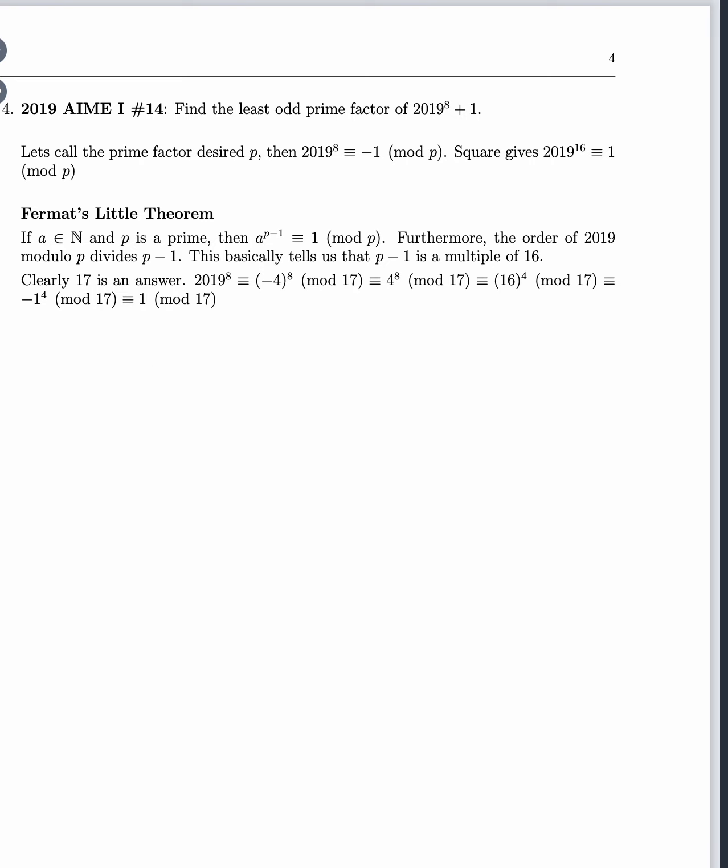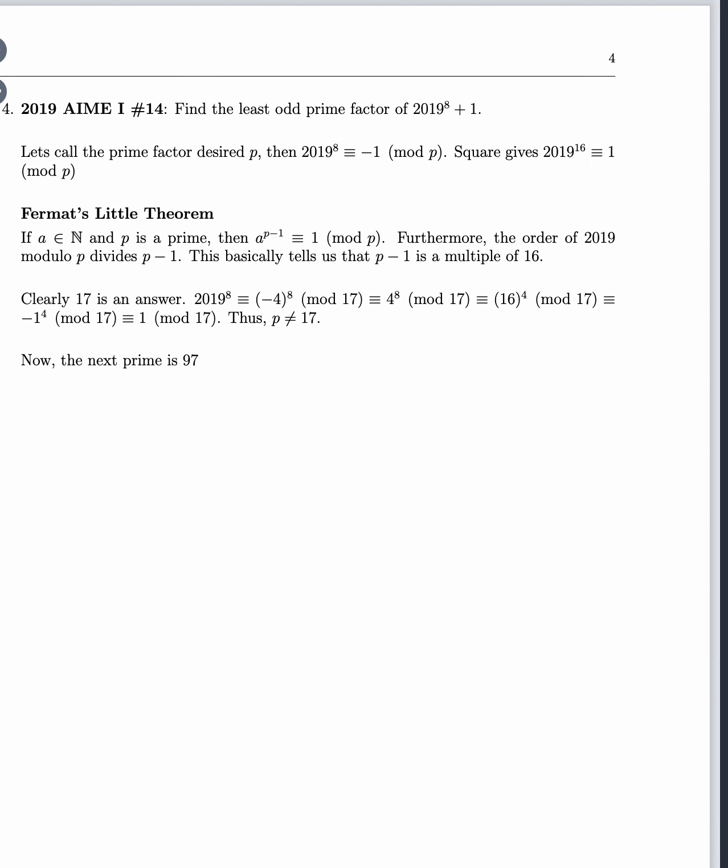So the next prime is 97. Now does 97 work here? We have to divide again. So 2019 divided by 97 is 20 with remainder 79.